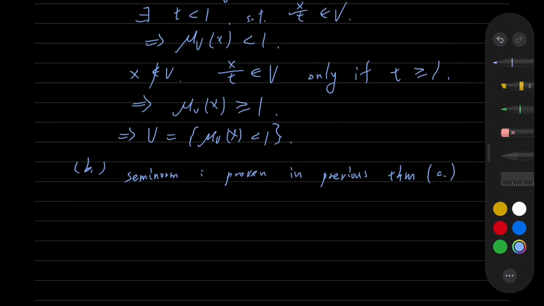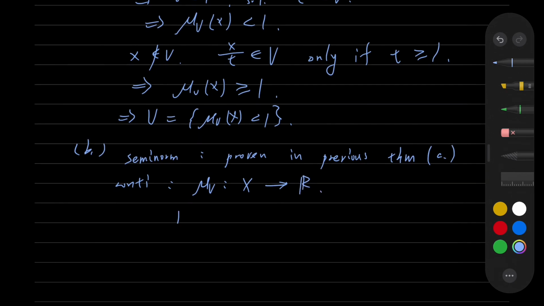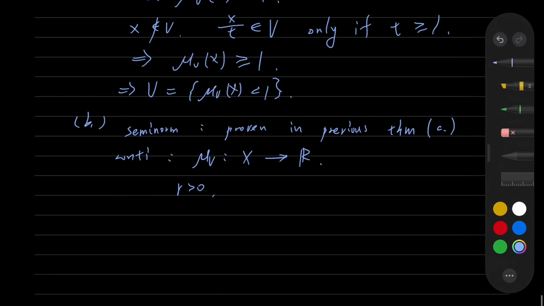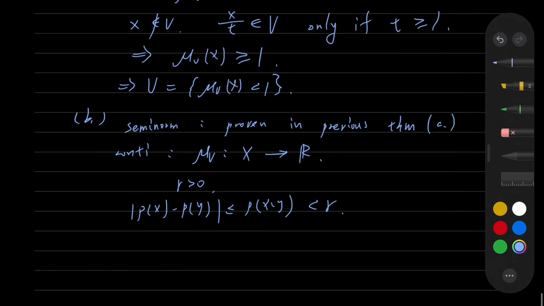So next, let's prove continuity, which is really easy. Remember that this functional is from the vector space to the real numbers. So we just choose a real number, then we find a neighborhood such that we can control the points, as the seminorm is inside R, then we're done. Now, by the property we had before, the absolute value of P of x minus P of y is smaller than or equal to P of x minus y, and we want this to be smaller than r, right?